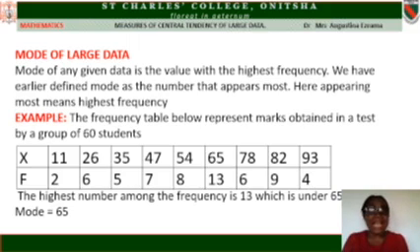The highest number among the frequency is what? 13. If you look at the frequency, 2, 6, 5, 7, 8, 13, 6, 9, and 4, 13 is the highest. And we say that mode of any given data is the value that appears most, with the highest frequency.